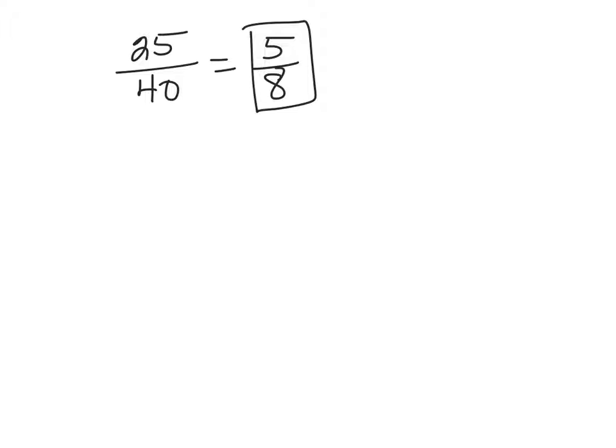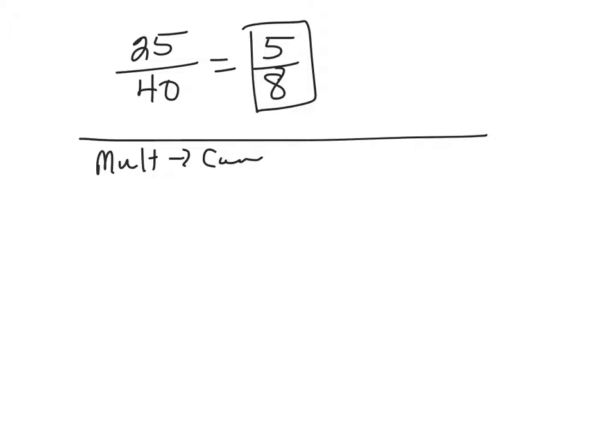Okay, and then the thing I kept hammering on and hammering on is that a multiply problem is a cancel problem, and an add problem is a common denominator problem.